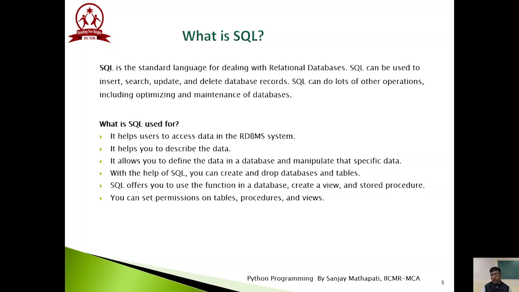So generally what is SQL used for? First, it helps the user access data in the RDBMS system. It helps to describe the data, that means in which format and in which way we can store our data, so we can define the structure of the data.